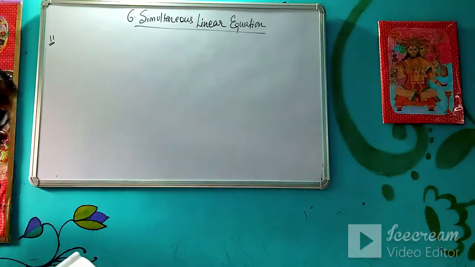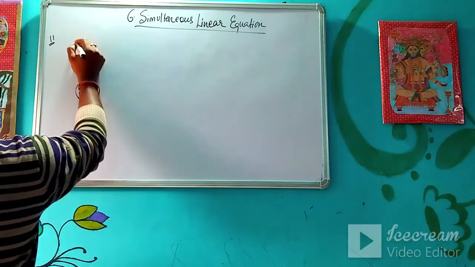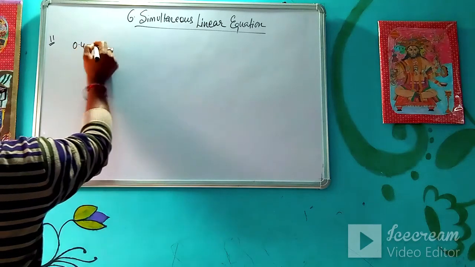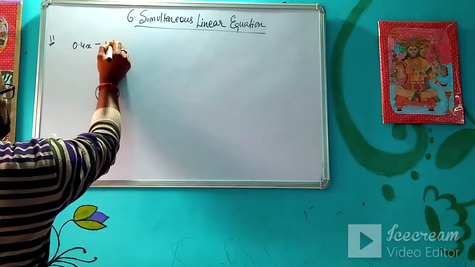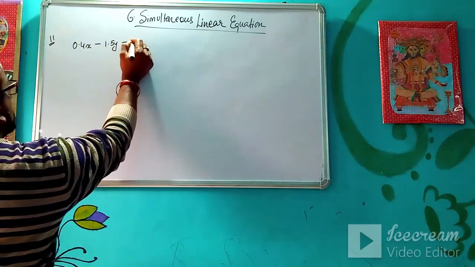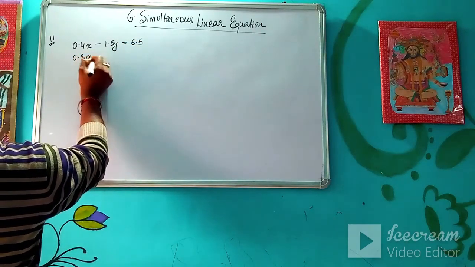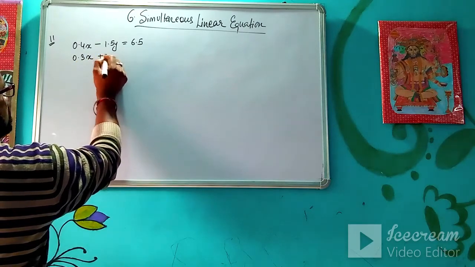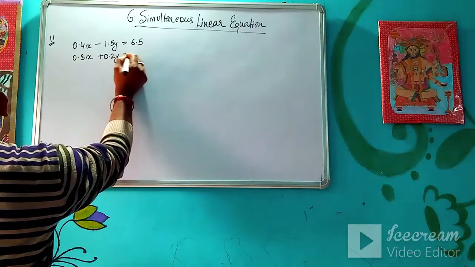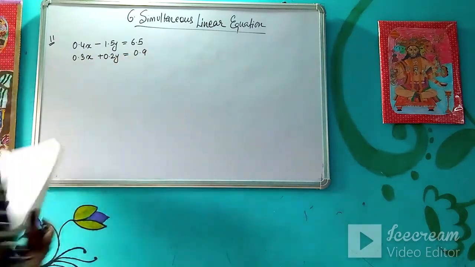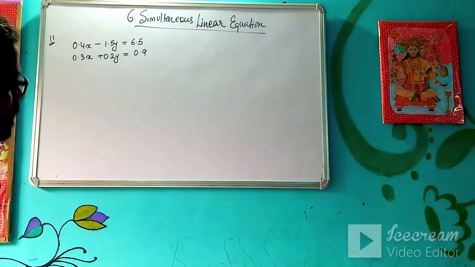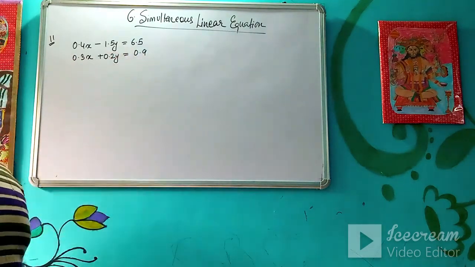Okay, let's discuss question number 11. So it is 0.4x minus 1.5y is equals to 6.5, and 0.3x plus 0.2y is equals to 0.9. Okay, so decimals are there.